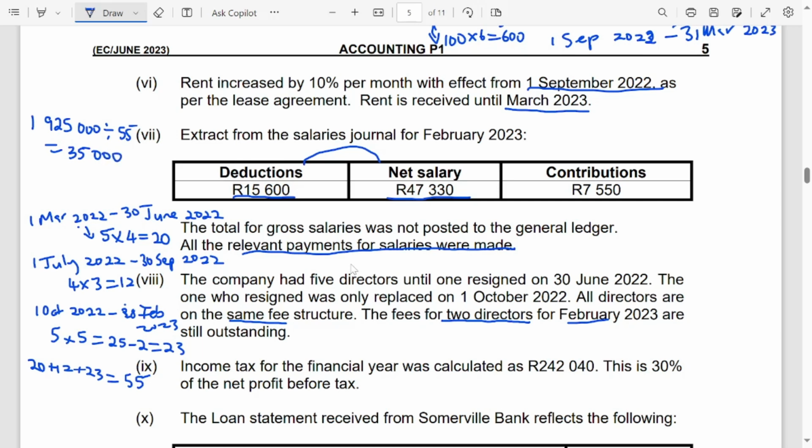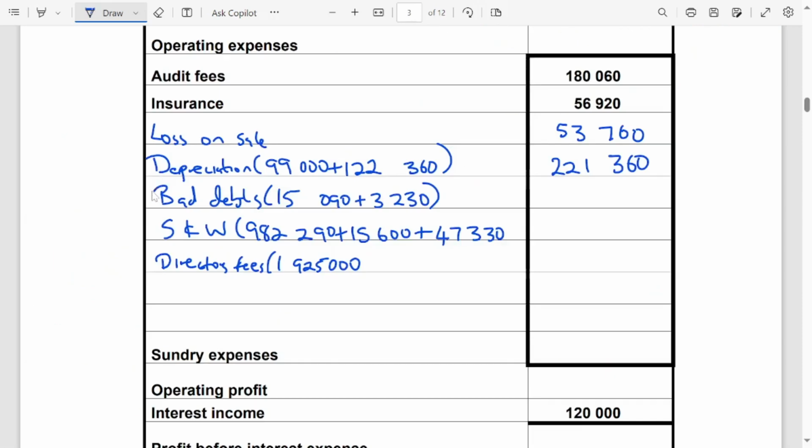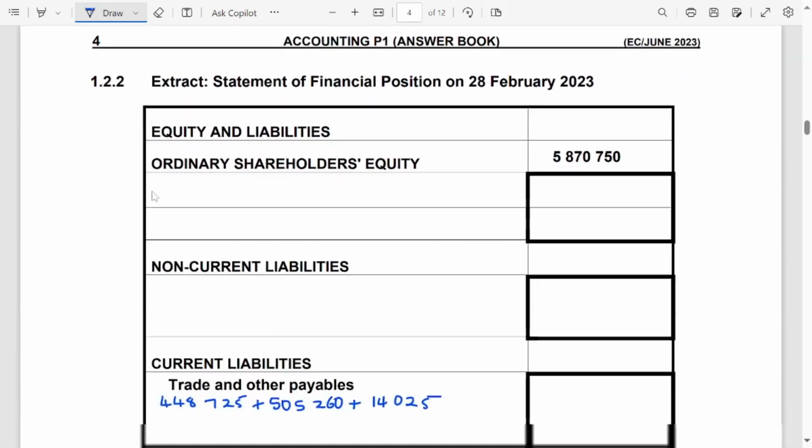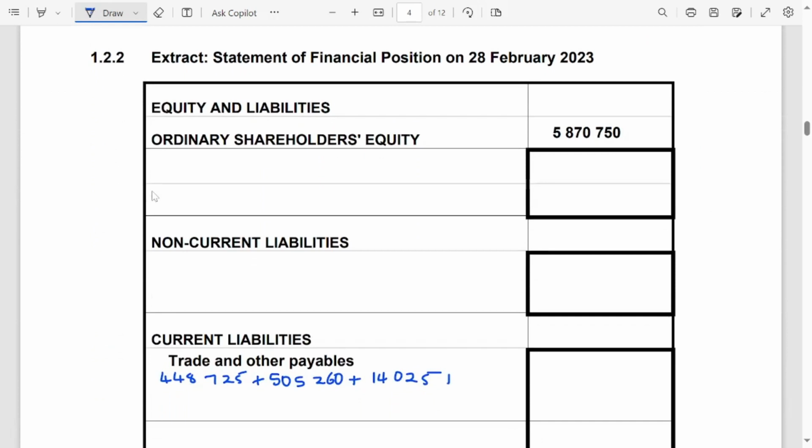So it means that the fees that are still outstanding are going to be 35 multiplied by 2, because each director is earning 35,000. So there's going to be 70,000 fees that are still outstanding, which is an accrued expense. So we must go and add it to the director's fees, 70,000. But remember, the accrued expense must be recorded under trade and other payables. Plus 70,000.